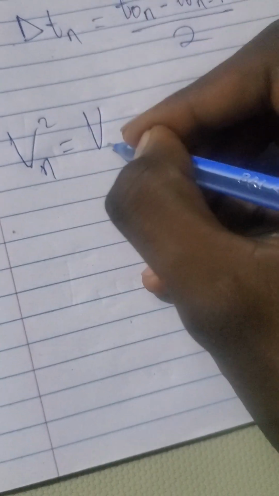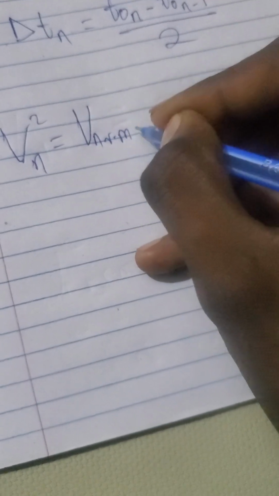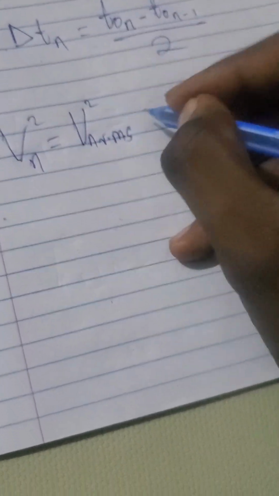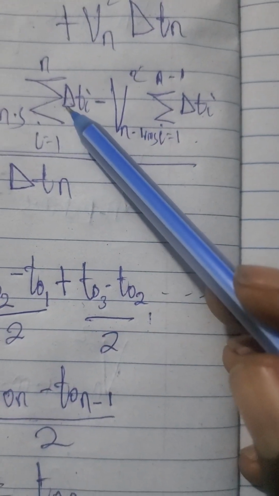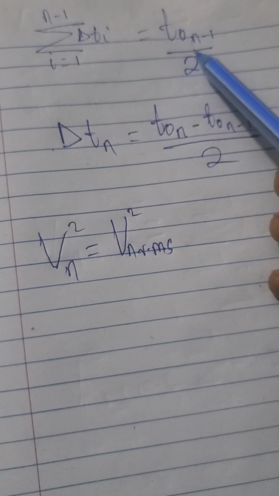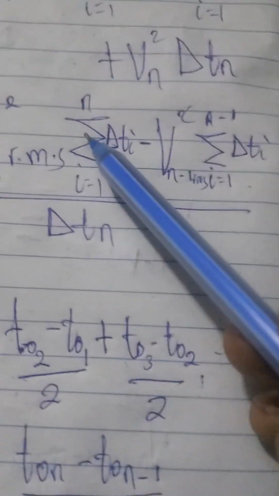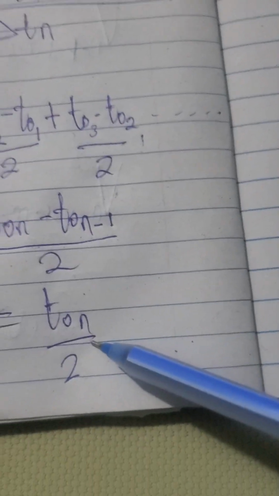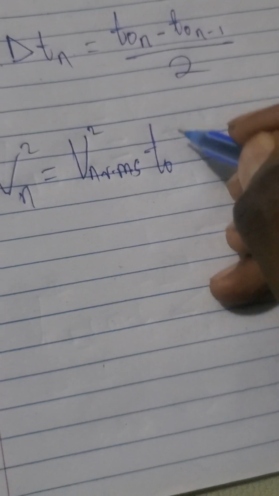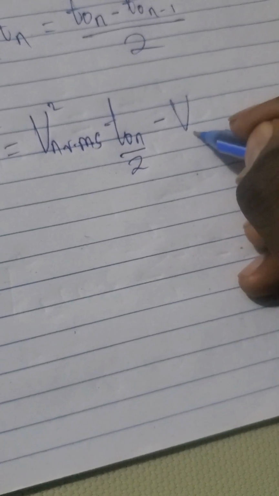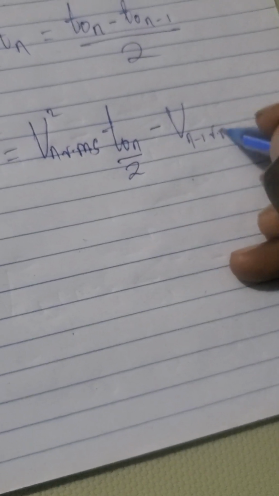It will be given as the root mean squared velocity squared, then the summation of the one-way vertical travel time will be equal to this one for this, and this one for this, and therefore times t naught n over t n minus the n minus 1 root mean squared velocity times t naught n minus 1 over 2.